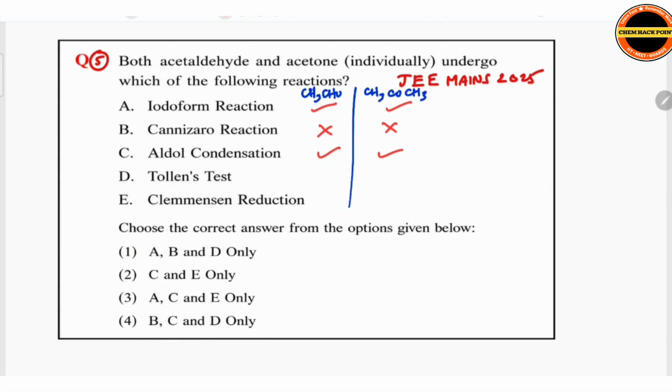Next, the Tollens test: only aldehydes undergo this particular test, not both. Clemmensen reduction works for both aldehydes as well as ketones, converting CO into CH2. So according to the given options, ACE is the correct answer. So 3 is the correct answer.